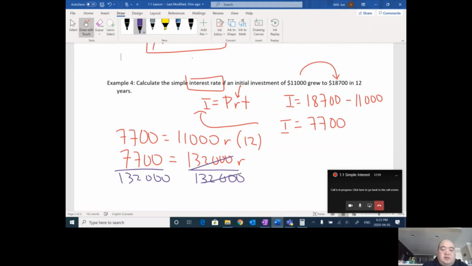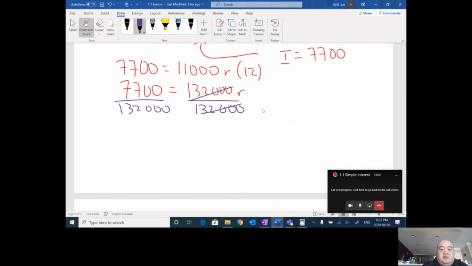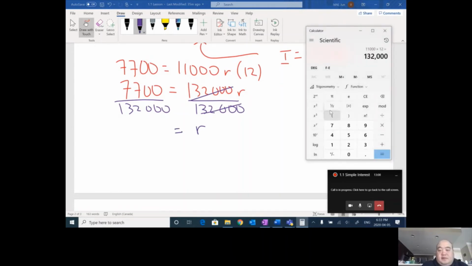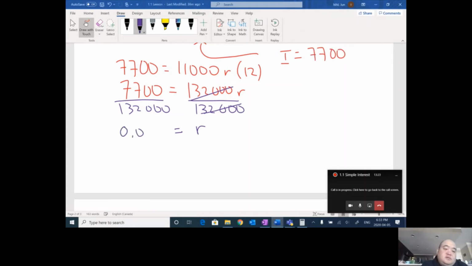Okay, so this will cancel with this, and R is going to equal, and I can't do that one in my head, so let's use a calculator. We get 0.058. All right, so the interest rate itself is going to be 5.8%. Okay. Cool.